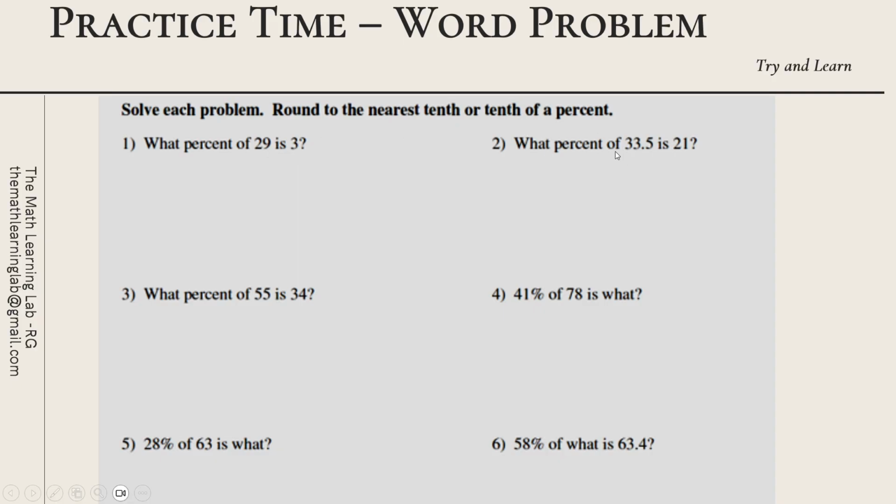Same as for question 2, whatever number is written after of is the whole. Same as for 3. For 4 and 5, we need to calculate the part, whereas in question 6, we need to calculate the whole because it's given 58% of what is 63.4. So of what means we need to calculate the whole.